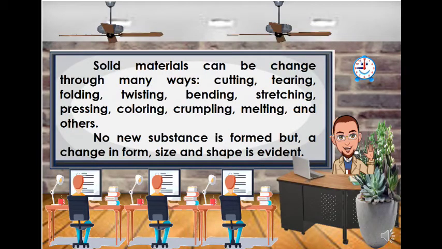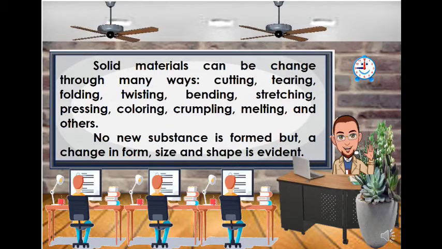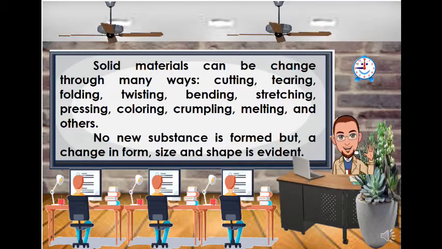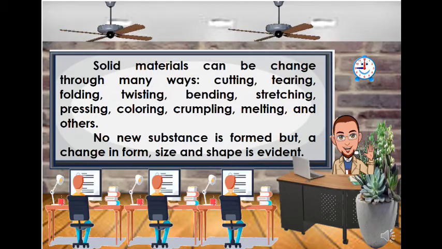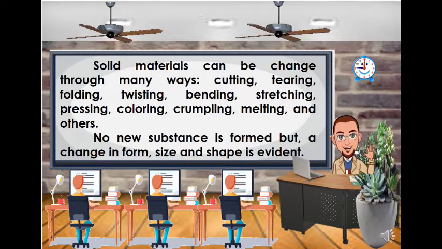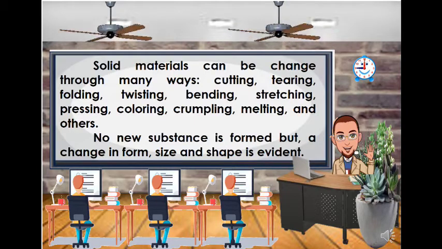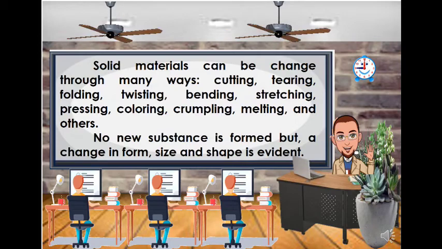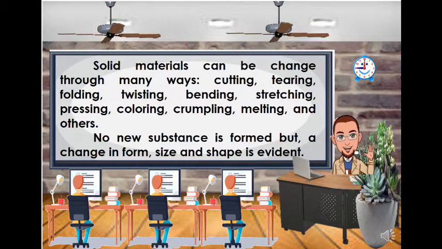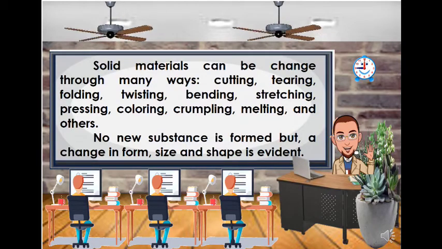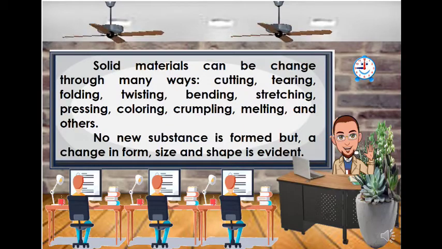First, cutting, tearing, folding, twisting, bending, stretching, pressing, coloring, crumpling, melting, and others. So always remember that when these changes happen, no new substance is formed, but a change in form, size, and shape is evident.